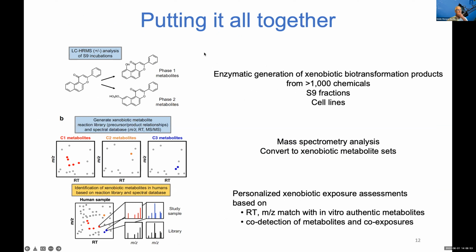So to summarize this part, and we're almost finished, through enzymatic generation of xenobiotic metabolites by 2 different enzyme systems, we've generated platforms that can generate metabolites from thousands of chemicals. And in fact, we now have a metabolite library from more than 1,000 xenobiotics.